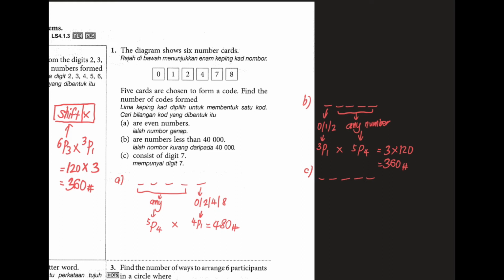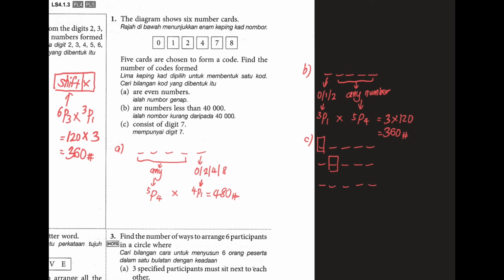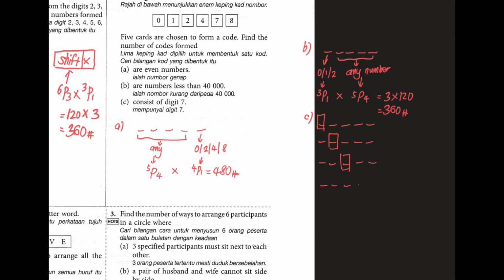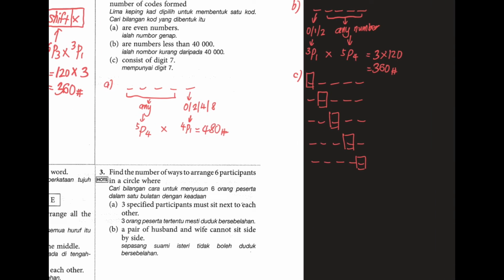You can put 7 here, here, here, here, or here. So there are 5 ways to put 7. You can put 7 at the first, second, third, fourth, fifth positions. 5 ways. Okay, so there are 5 ways to do this first event.